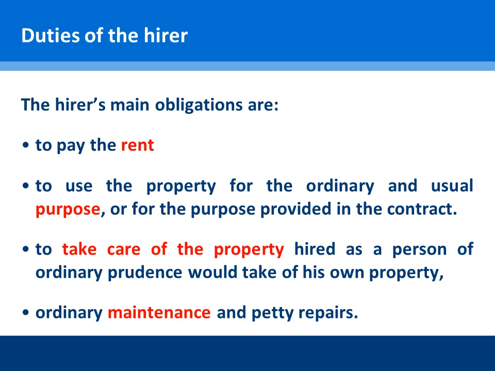And I must pay ordinary maintenance and petty repairs. This includes, for instance, replacing light bulbs, mending leaks, replacing faucet washers and sink plugs in my house. Also, if I need to periodically change the filter of the aircon, this is a duty of the hirer.